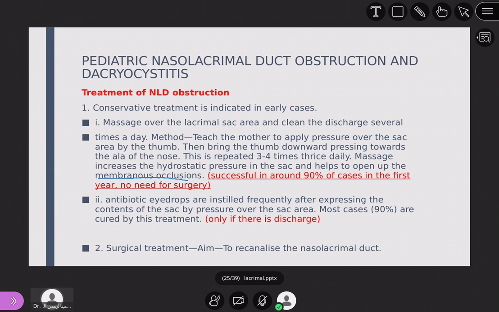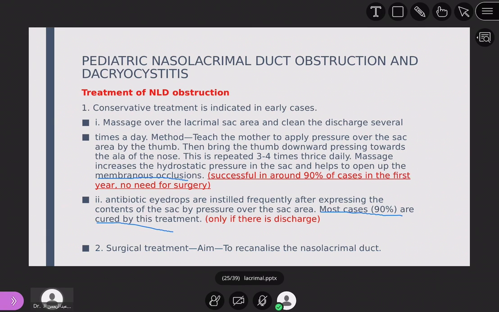Only massage will do. Then you can just give antibiotic eye drops if there is discharge. So most cases, 90%, are cured by this treatment.